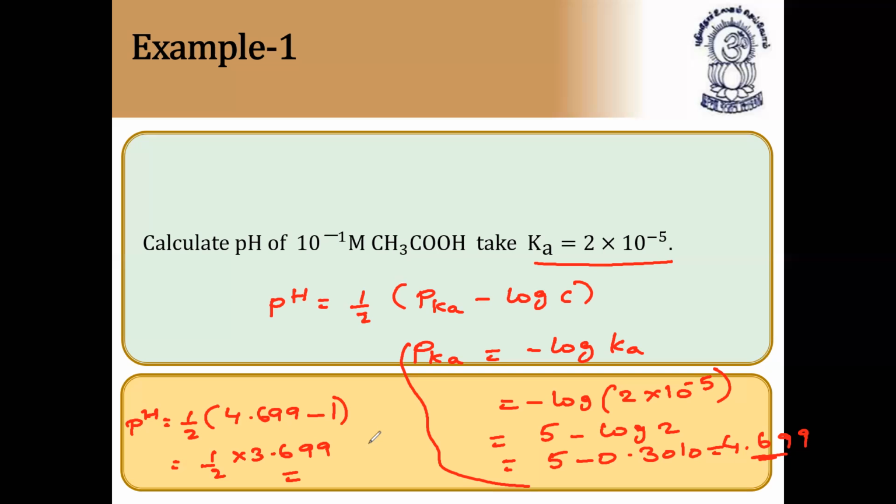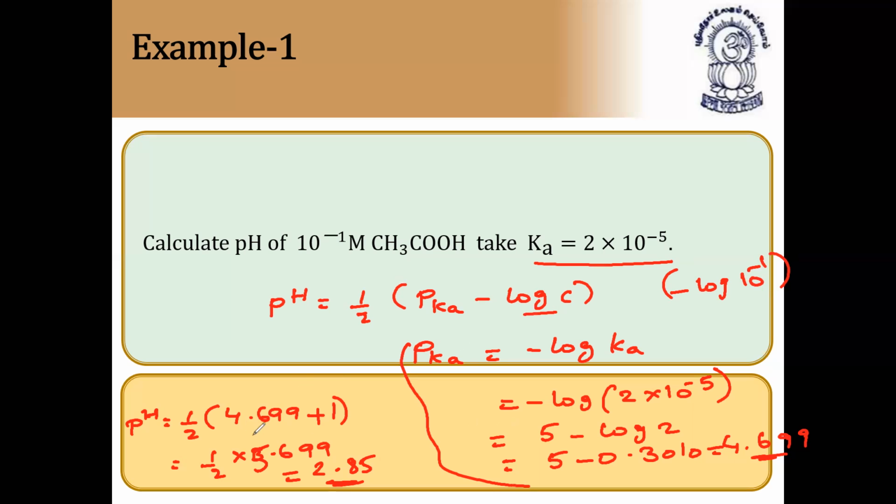So you'll get the answer in this way. This formula is very important. Minus log C, where C is 10 to the power of minus 1, becomes minus of minus 1, so it is plus 1.